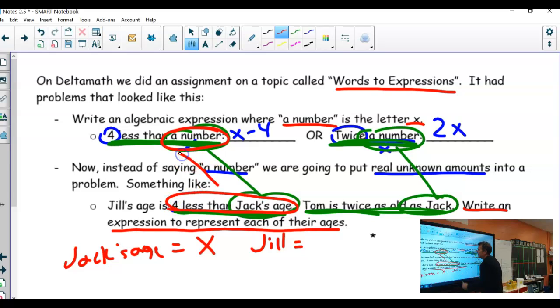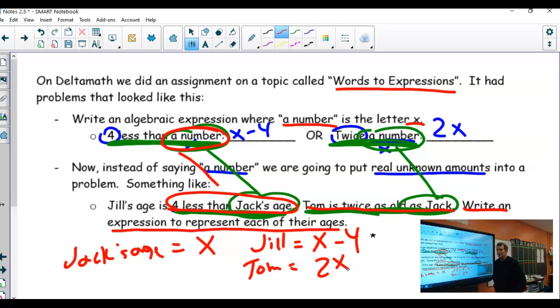It's the same problem, except we're using real values instead of just saying a number. So Jill, if she's 4 less than Jack, she would be Jack's age minus 4, right? Or Tom is twice as old as Jack, so Tom would be 2 times Jack, 2 times x. I want to point out to you that these are the same problems as they were on Delta Math.